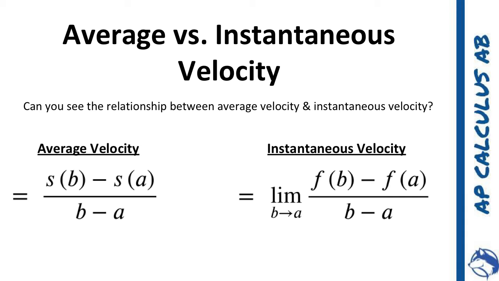So average versus instantaneous. Average was we took the first point, B, and we subtracted point A from it. And that gave us the average velocity because that's the change in distance over the change in time.